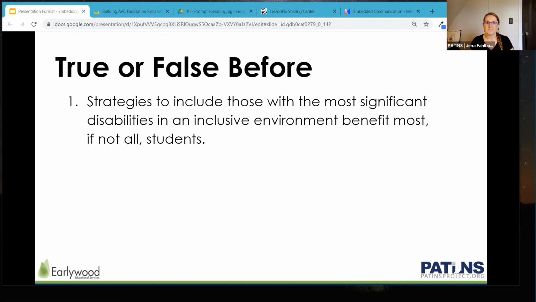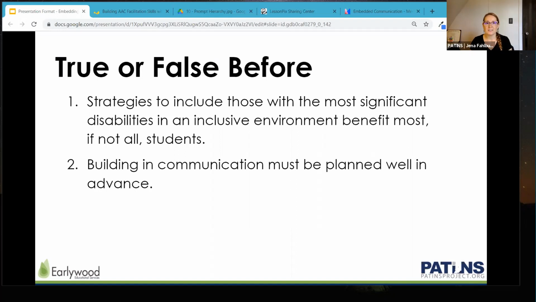So first, true or false, strategies to include those with the most significant disabilities in an inclusive environment benefit most, if not all, students. So go ahead and record how you feel, true or false. Next, true or false, building in communication must be planned well in advance.